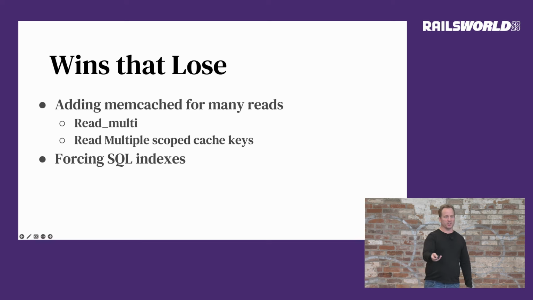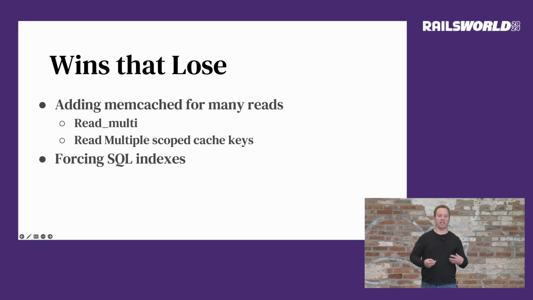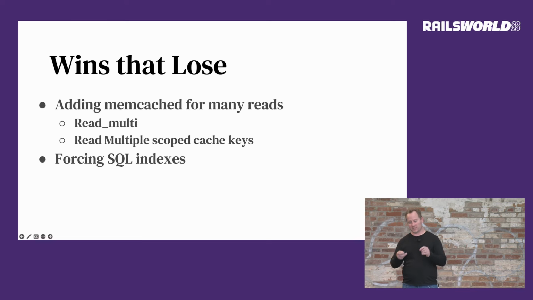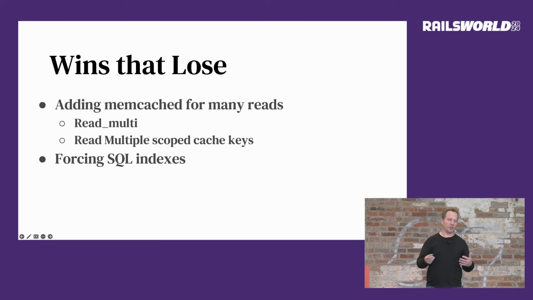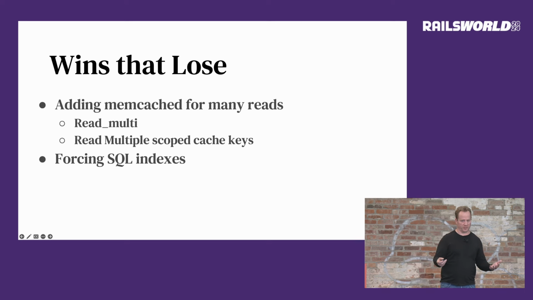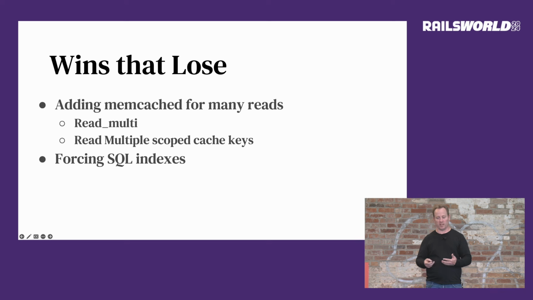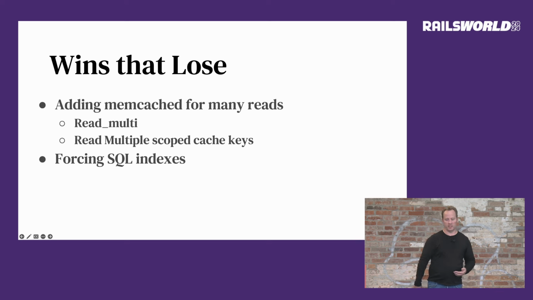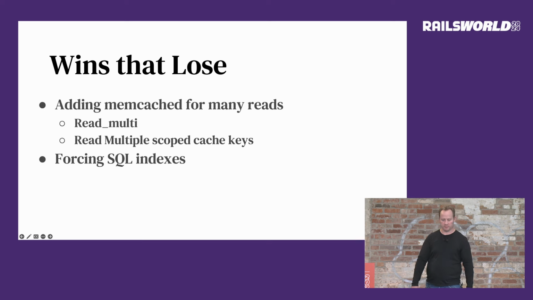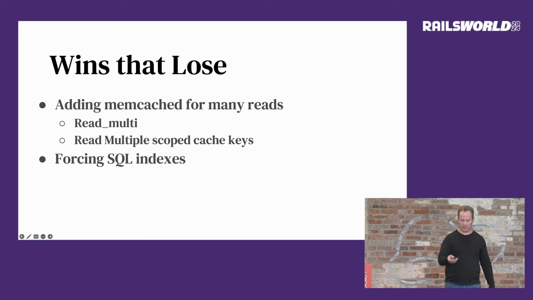But by leveraging read multi, you can actually get all that cache at one time. So this is really important. If you're looking at your Datadog slides or however you monitor your stuff, you will save a lot of time by grabbing data using read multi instead of however else you're doing it.